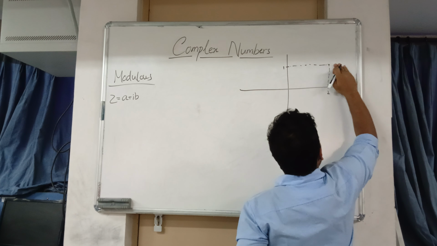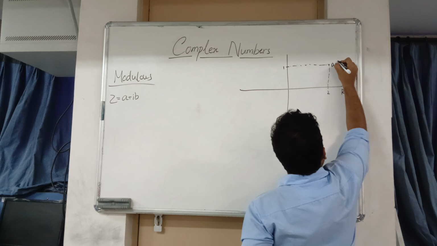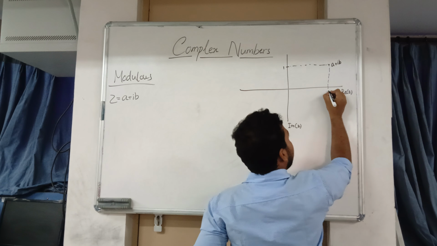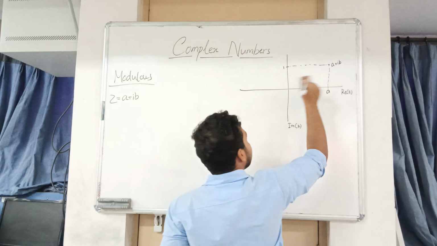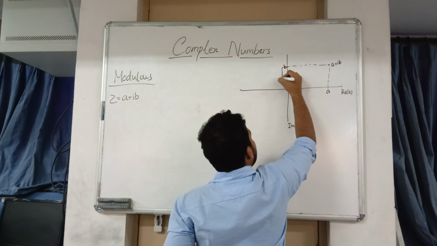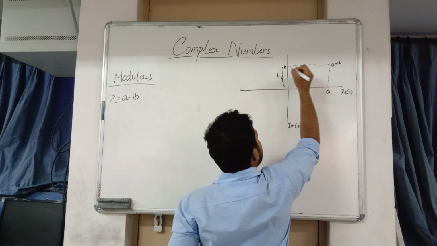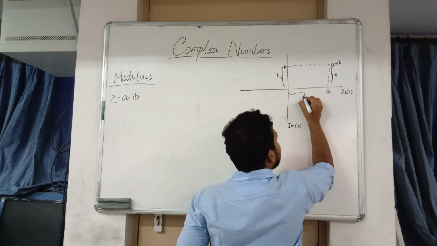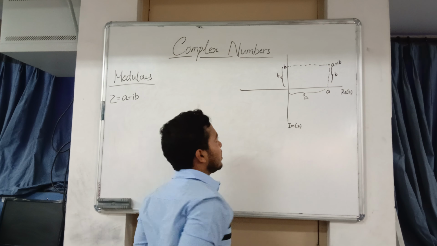Let this be my point a + ib. Then this point would be a, as my real part is a, and this would be my imaginary part b, and hence this distance would be b units, and this distance would be a units.